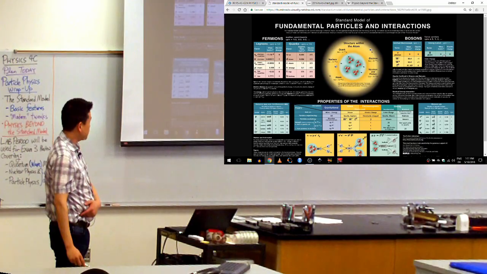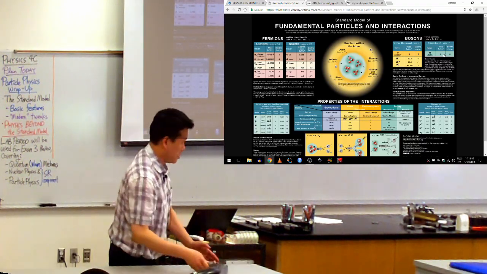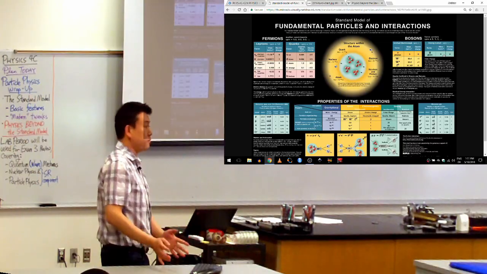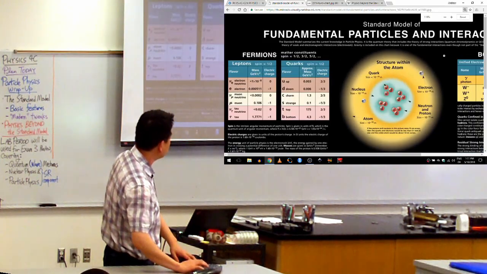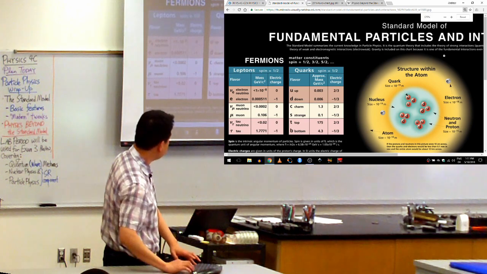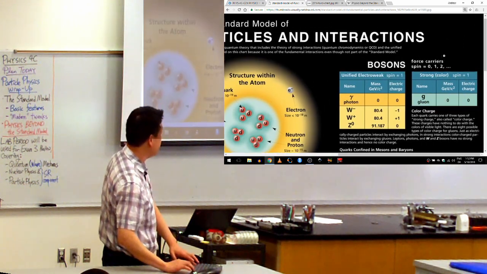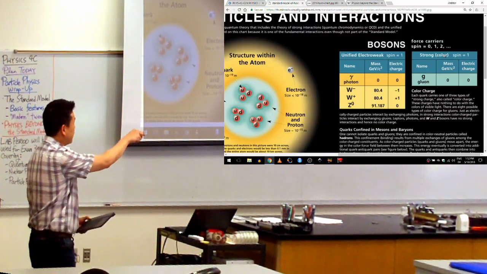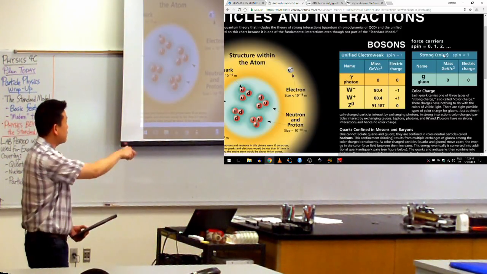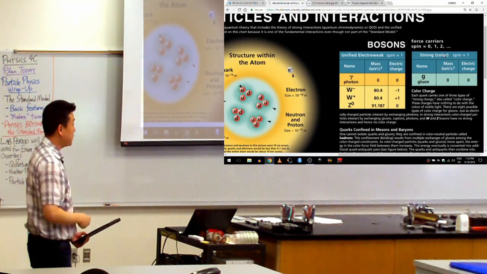One of the big features of the standard model is what's called electroweak unification. Here under bosons, even the older version puts them under unified electroweak bosons, so the photon is grouped together with the W boson and the Z boson.